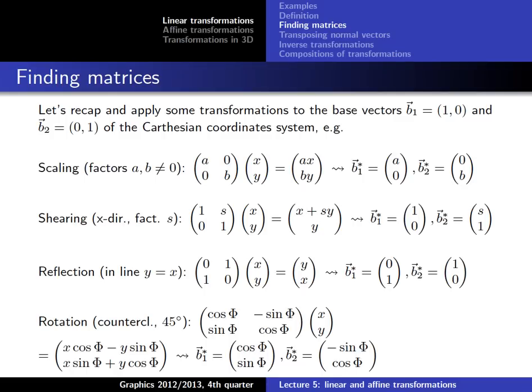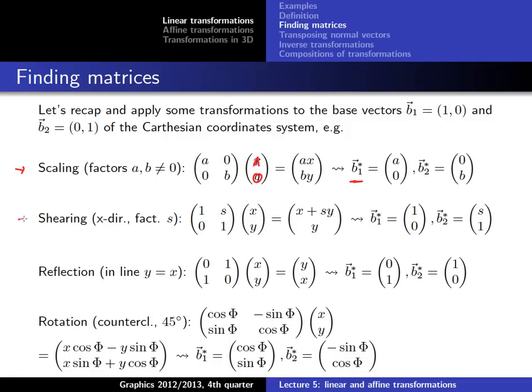So let's see what happens if we apply this to the base vectors, the vectors (1, 0) and (0, 1) from our Cartesian coordinate system. For the scaling, if we multiply the scaling matrix with (1, 0), we get (a, 0). That is this b1. If we multiply it with (0, 1), we get (0, b).